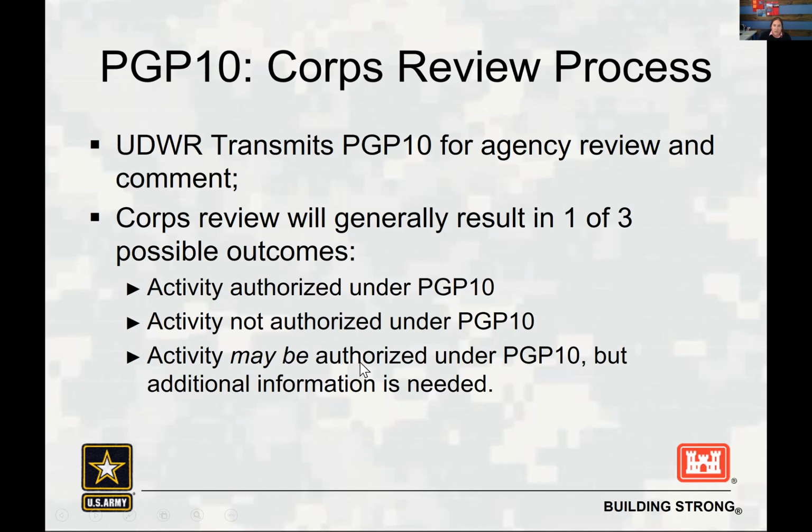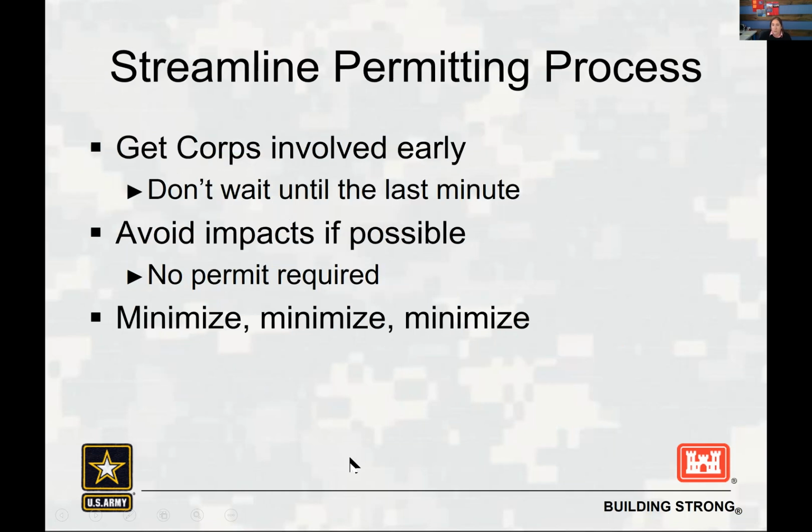So we do request additional information from the applicant so we can make a determination whether we can approve the verification of the general permit number 10. But when you have a project that you know that you will need some sort of authorization from the Corps of Engineers, just make sure that you get the Corps involved early in the process.